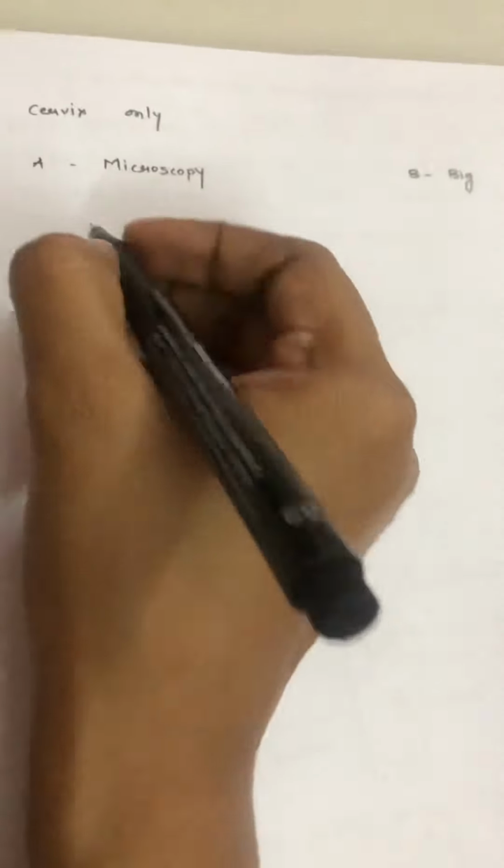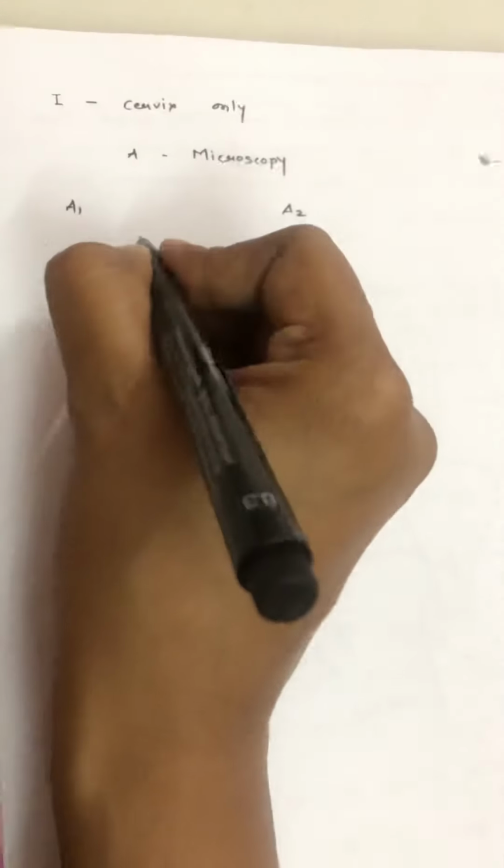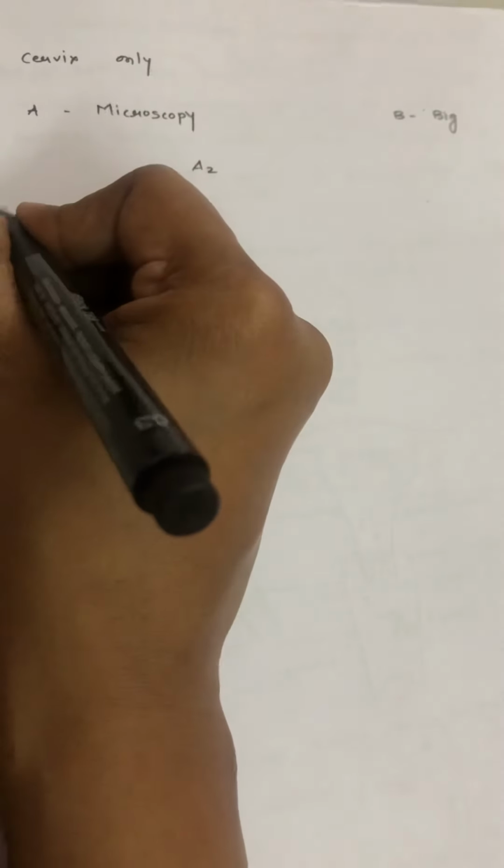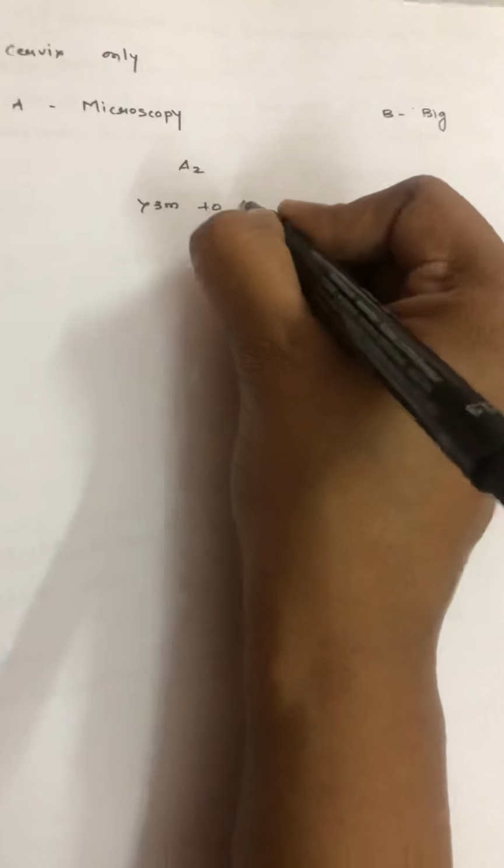So it has A1 and A2 parts. Here, when the maximum dimension is less than 3 mm, it is called A1. If it is more than 3 mm but less than 5 mm, less than 0.5 centimeter, it is called A2.